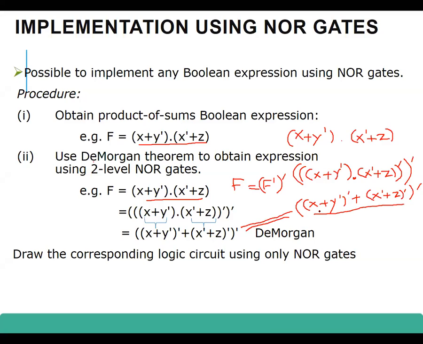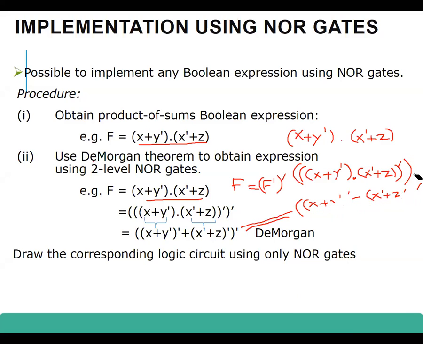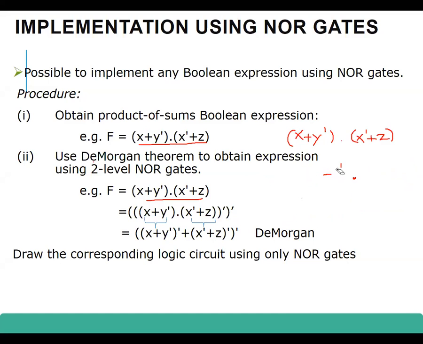Okay, this is equal to this. So let me clear up this part so that I can explain whether we have now represented this in the form which you can represent using NOR gates.